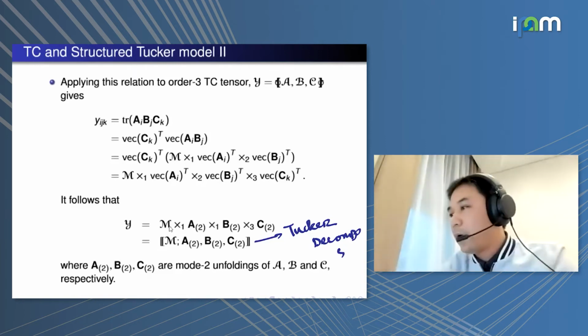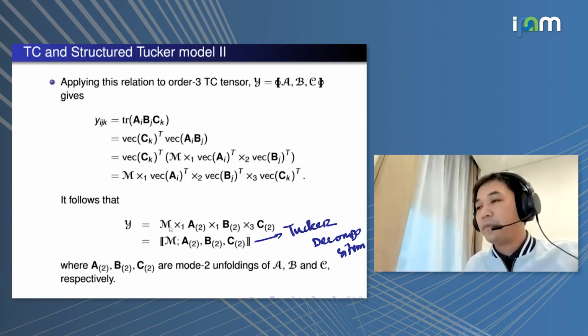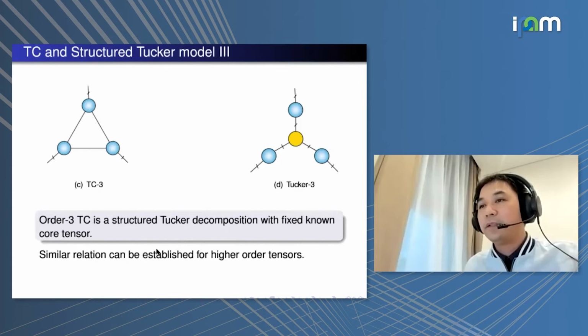So you see here some link between tensor chain and Tucker decomposition, but it has a special structure. It means that the core tensor is fixed, and we know the core tensor. These relations give you the ability to apply any algorithm for Tucker decomposition to find a tensor chain decomposition.